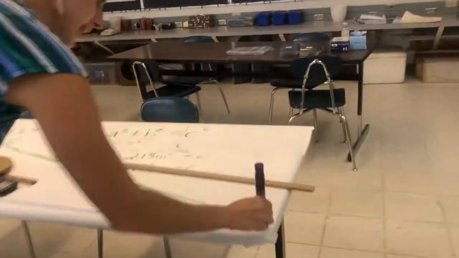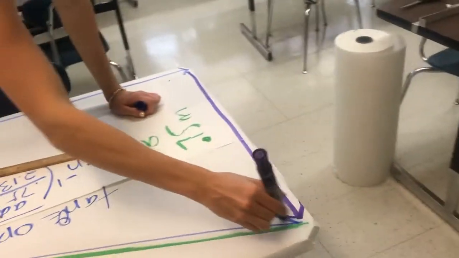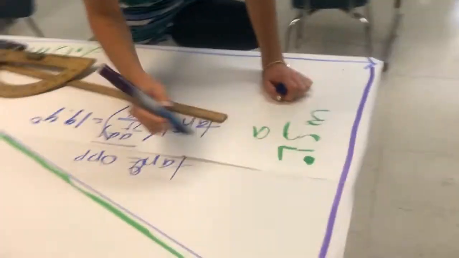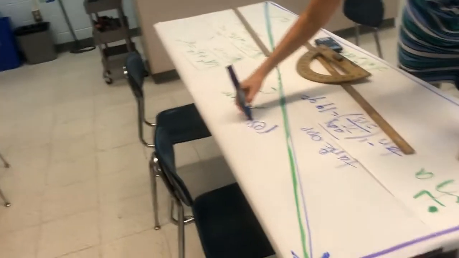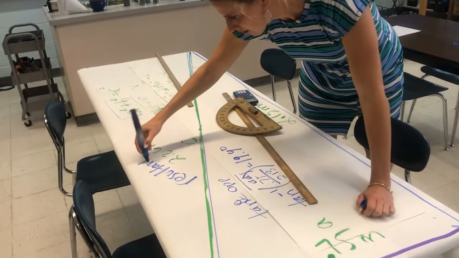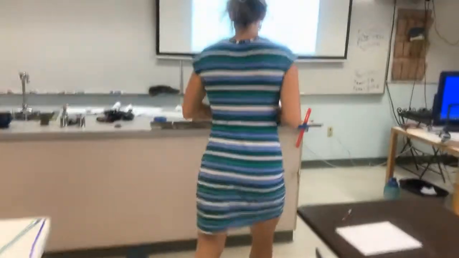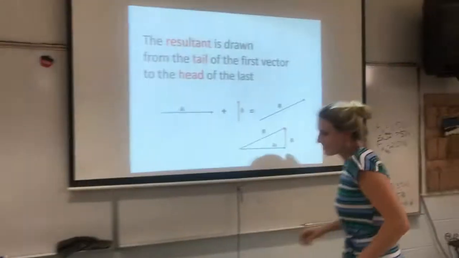So, tail of the first, all the way up, I'm just going to draw it, all the way up here to the head of the last. Boom. Resultant. That's how you add vectors. It's simple. It's just arrows. Arrows, baby.